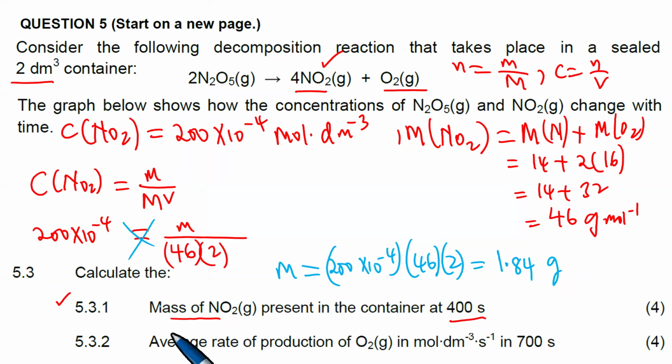The next question is: calculate the average rate of production of oxygen in moles per cubic decimeter per second in 700 seconds. So now we need to perform a calculation. We calculate the average rate of production of what?